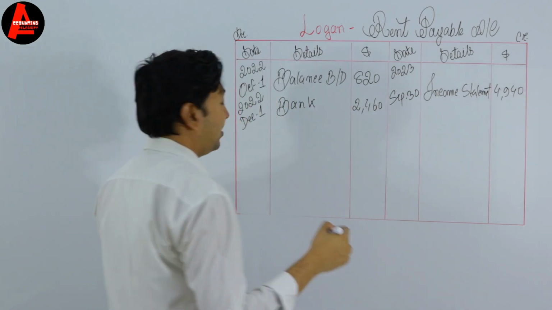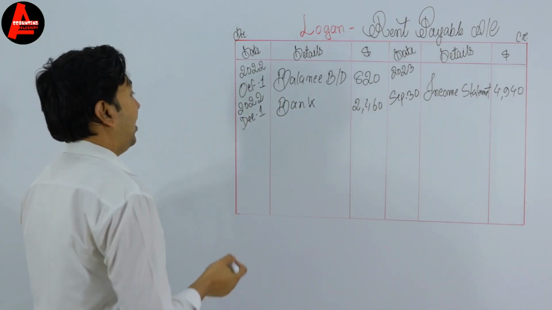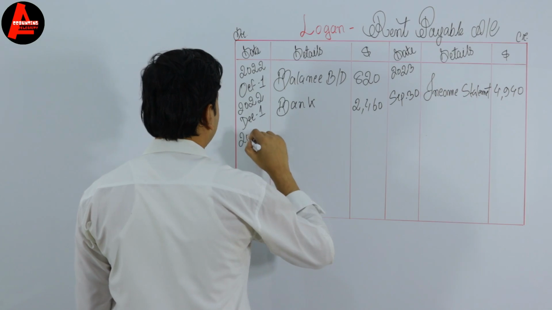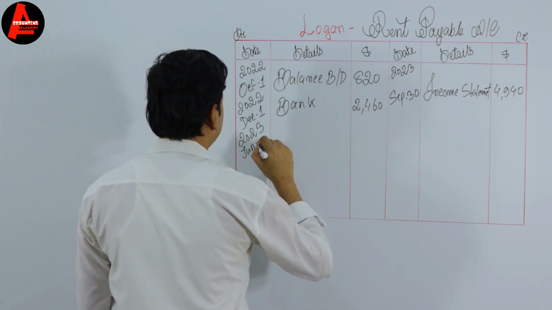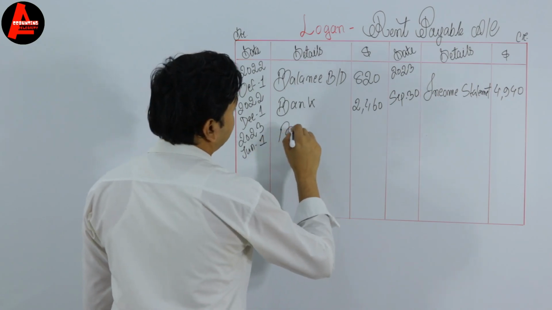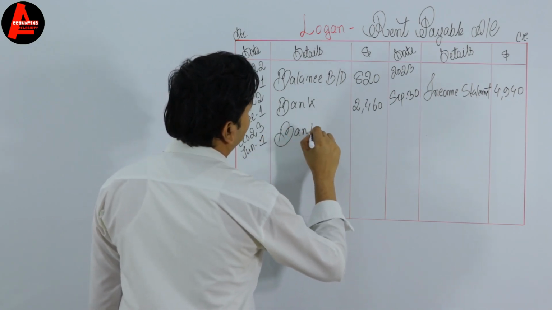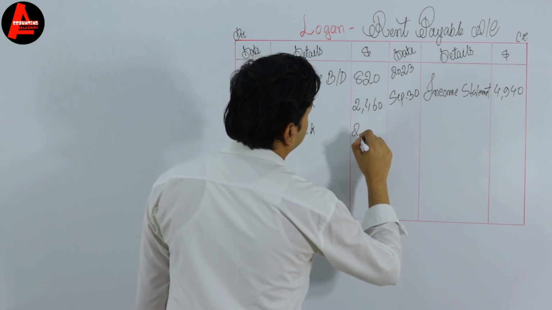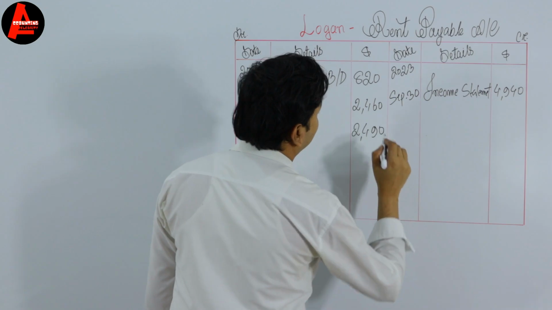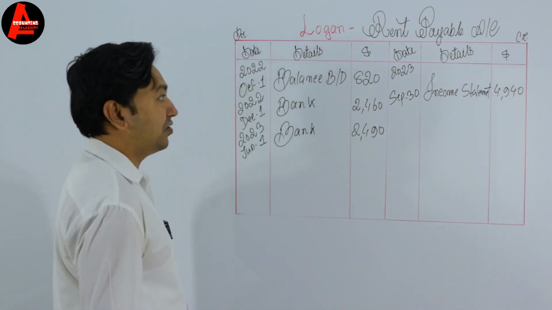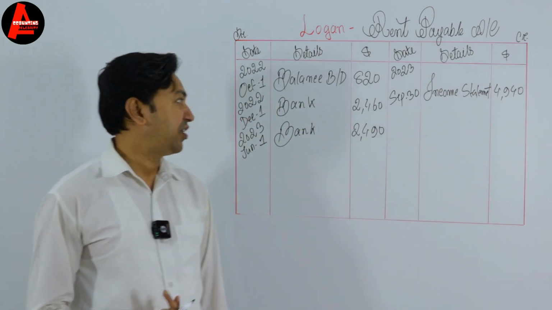There are two payments, one on 1st December 2022 and one on 1st June 2023. Here on December 1st we write bank, $2,460. Another one is 2023 June 1st. Same transaction, we write here bank, and the amount is different, $2,490. These are the amounts given in the question.